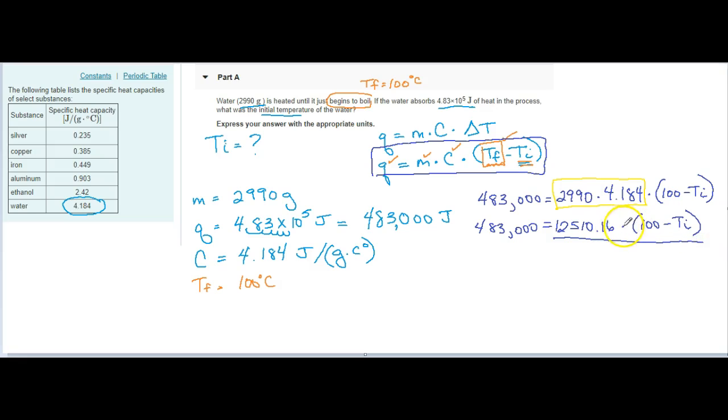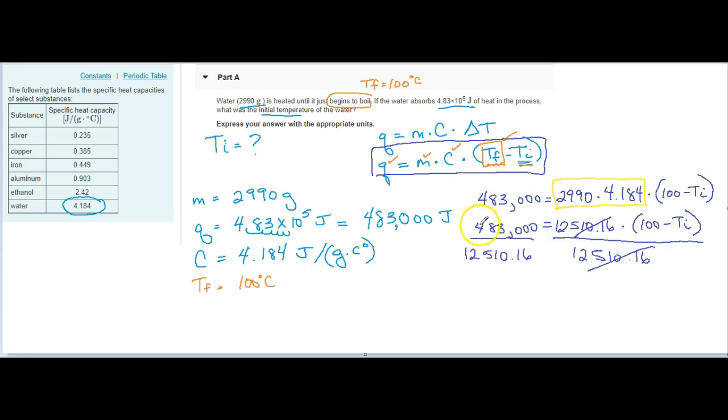I'm multiplying here, so the opposite of that is to divide. That's going to cancel those out, and whatever I do to one side using algebra, I also have to do to my other side.